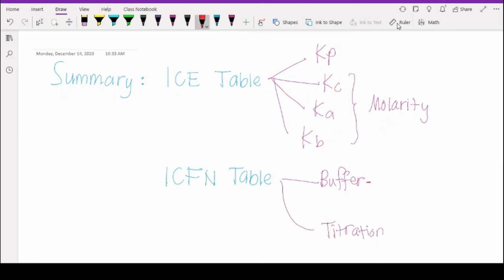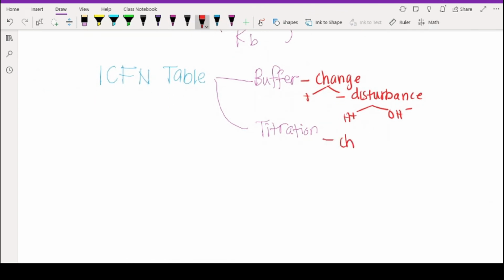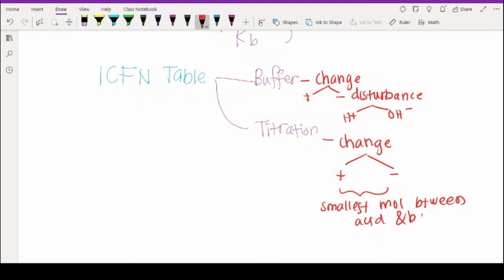For buffer, your change, you should minus or add the disturbance, which is either your H plus or OH minus. But for titration, your change, you should add or minus your smallest mole between acid and base.